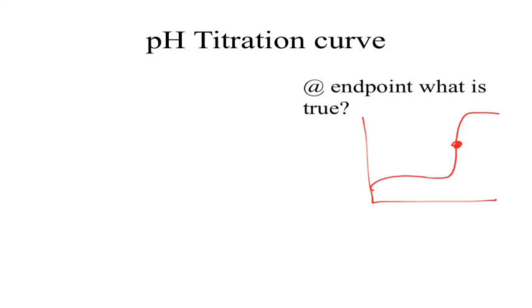There's no HA, so our moles of HA equals 0. How did they get to 0? How did we get rid of all of the HA? We reacted it with the base. So at that point, we know that our initial moles of HA equals the moles of base added.